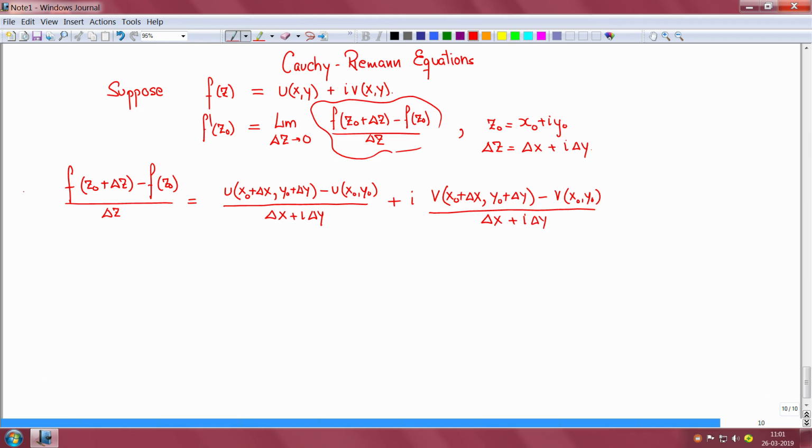Now, there is this limit of delta z going to 0, and therefore delta x going to 0 and delta y going to 0 again independently. So, we will take the limiting process, we will set delta x goes to 0 first.